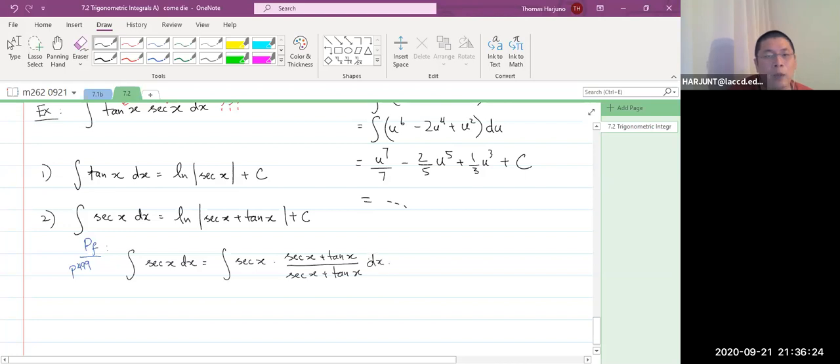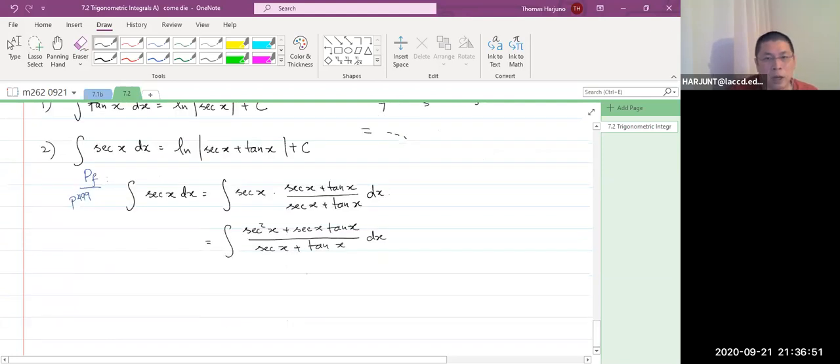So I multiply by 1 in that form, which is equal to the integral of secant squared x plus secant x tangent x over secant x plus tangent x dx.